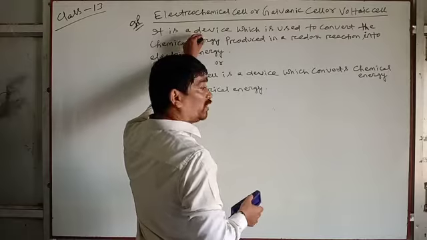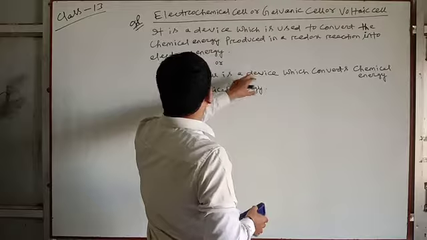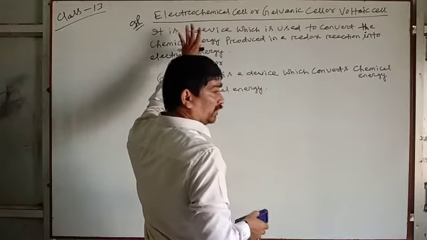First line, the definition, you must remember. Galvanic cell is a device which converts chemical energy to electrical energy. This line or that line, any two you can write also.